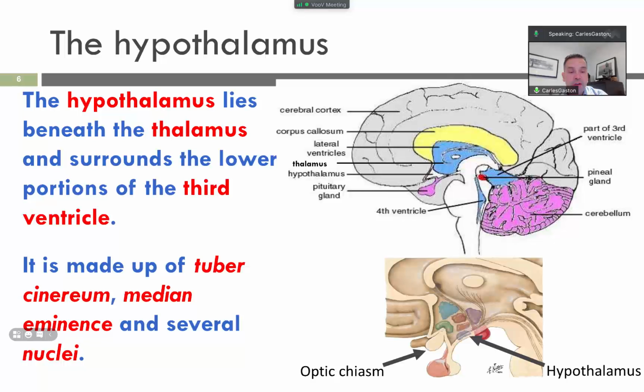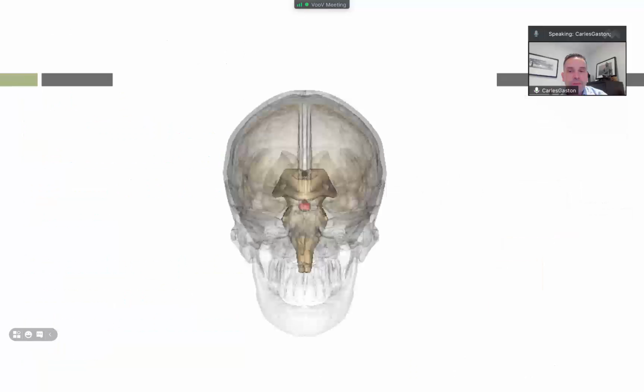These nuclei are not visible as an anatomical structure, but if you stain the brain for AVP, vasopressin, or oxytocin, or growth hormone releasing hormone, each nucleus contains some of the neurons with axons which project into the pituitary gland. We will cover this in more detail.